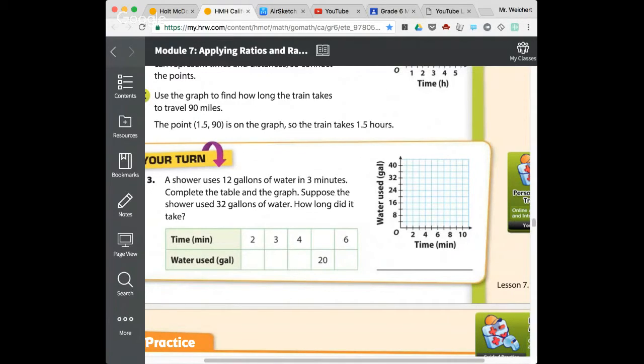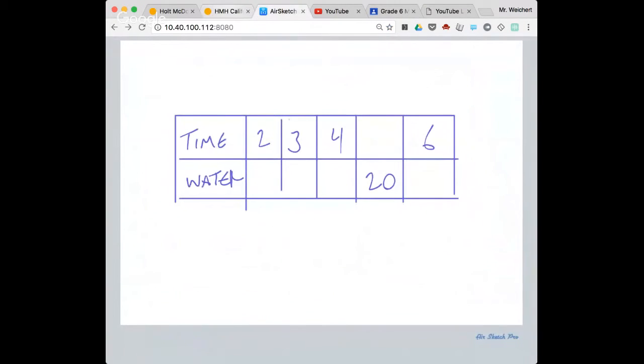Time and water. And we're given 2, 3, 5, and 6 for time, and 12 and 20 for water. Just so you guys can see what I'm doing, I'm trying to recreate that table right here.